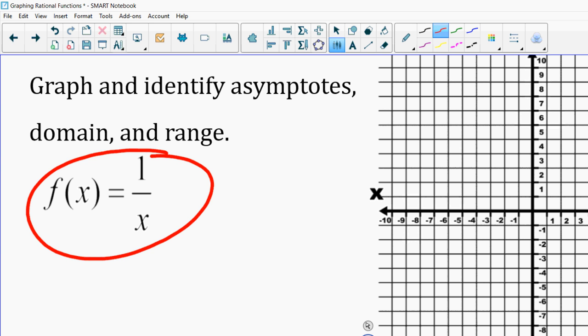Now what we're going to do is go back towards 0, and we're going to be looking in this y1 column, seeing what happens to the y values as x gets closer and closer to 0. So just start arrowing up.